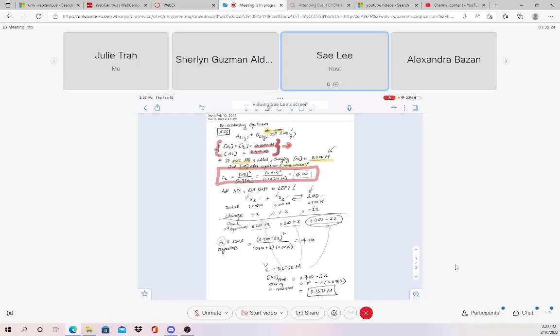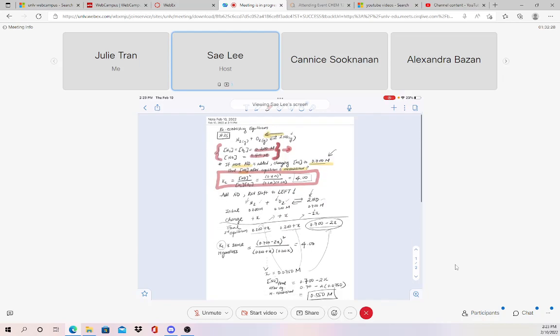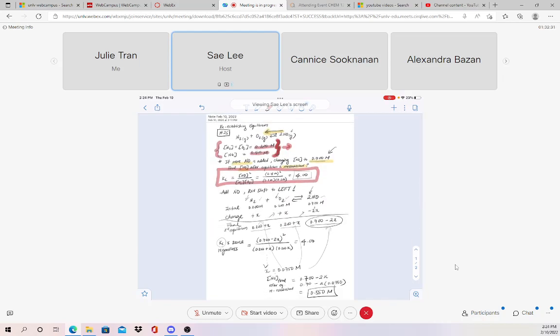What happened was that you initially already had an equilibrium system, but then they added more nitrogen oxide and disturbed the equilibrium. After the disturbance, the reaction is going to try hard to re-establish the equilibrium, right?